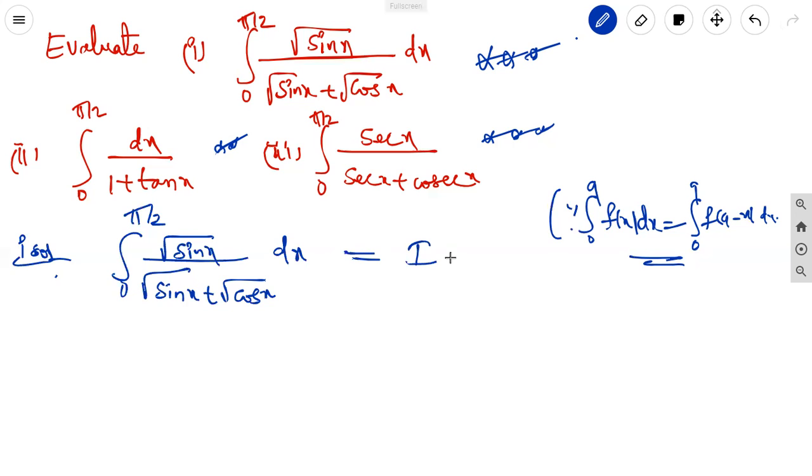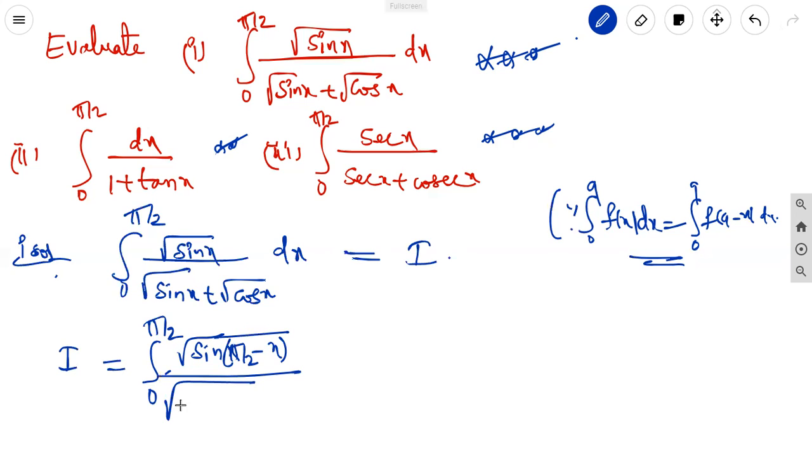So let it be I. Then I is equal to integral 0 to pi by 2 root of sin x by root of sin x plus root of cos x, and replacing x with pi by 2 minus x gives root of sin of pi by 2 minus x by root of sin of pi by 2 minus x plus root of cos of pi by 2 minus x dx.